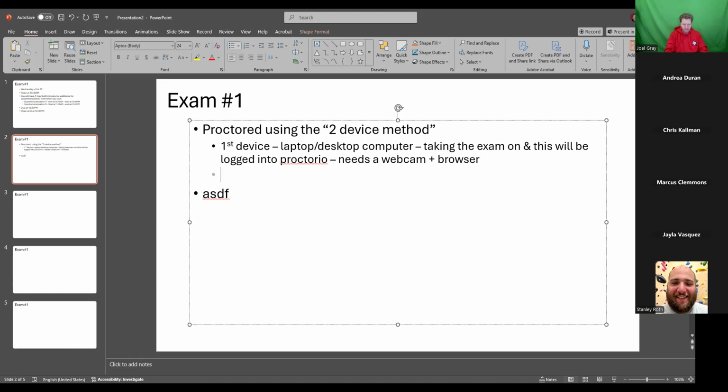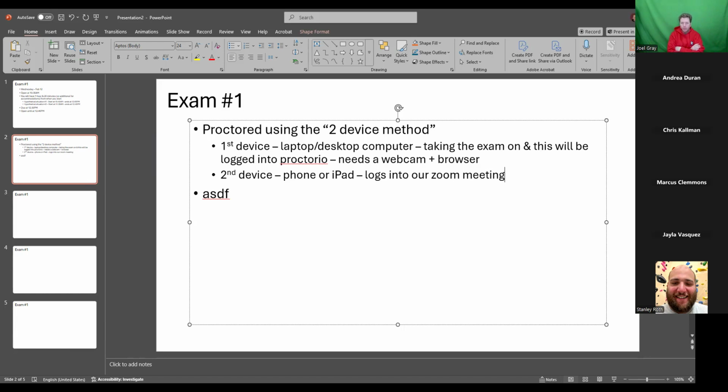Now, the second device, a good example of a second device would be a phone or iPad. And this device needs to be equipped with Zoom. This logs into our Zoom, the regular meeting that we always have. And you're going to log in with this second device. Now, what are these two things doing?